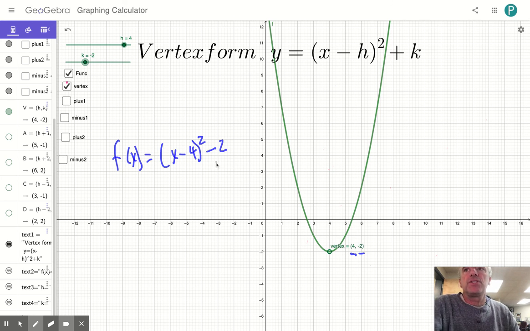And it's always interesting that the y-coordinate looks exactly like it should, and the x-coordinate is always the opposite of what you think it's going to be. And that's just because the x is next to the x, and the y is on the opposite side of the equation, right? We've subtracted that k to get it over there, or added that k to both sides.